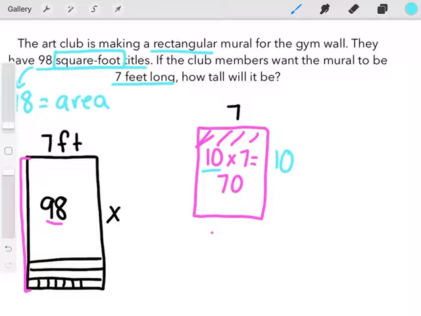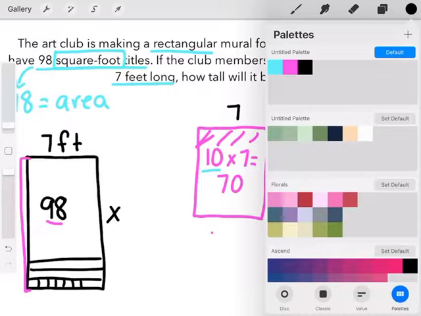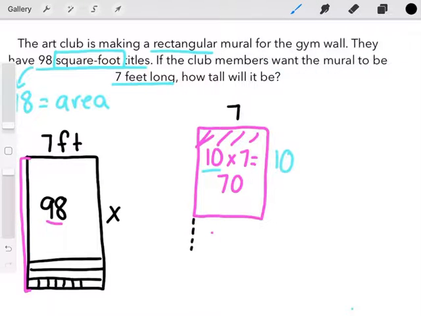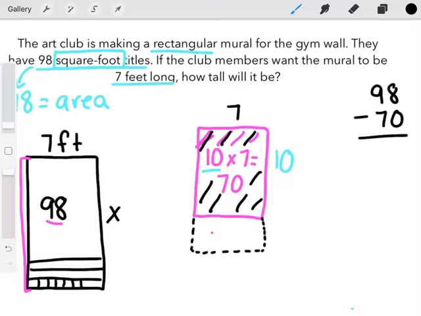So we need to figure out what this space is down here. If I think to myself, well, it's 98 square feet, and I know that this section has an area of 70, how much is left? What you're going to get left with is 28.